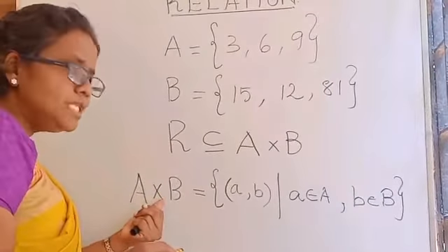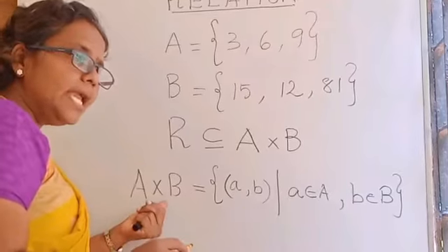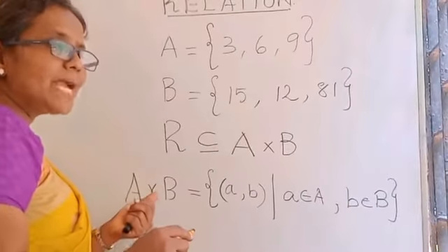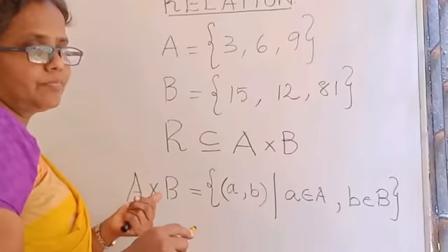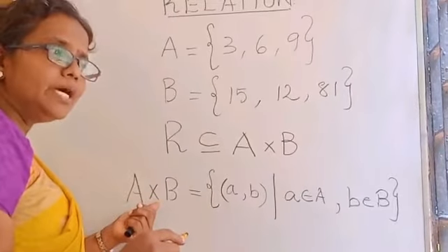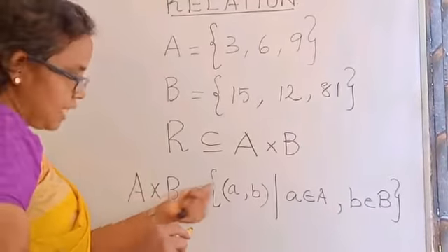Now how many elements will be present in A cross B? The maximum number of elements that will be present in A cross B, or the cardinal number of A cross B, that we should know.